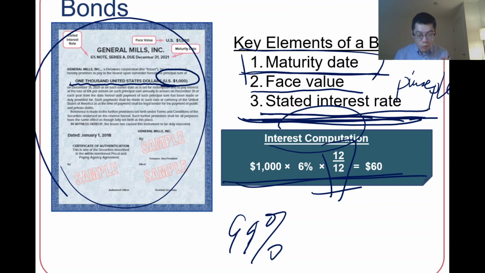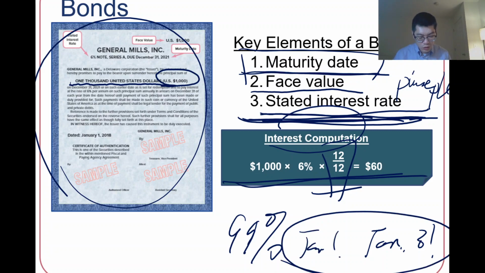However, there is one unique case, when the bonds become mature. For example, let's say the bonds mature on January 31st. Using the calendar year, it's only 1 month, so you calculate the interest payment using the fraction.